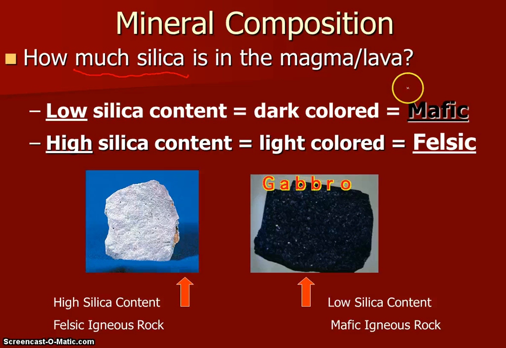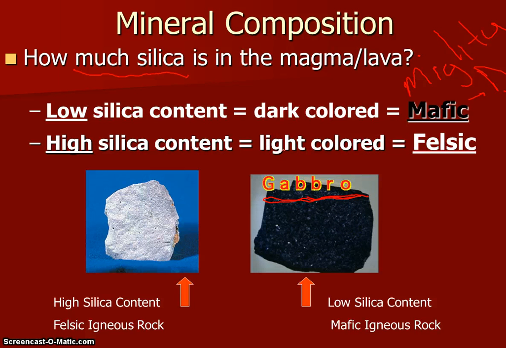And I have a little saying for this: the mighty mafics are dark. And if we look at our example here, we see gabbro down here, and gabbro is a pretty dark rock.